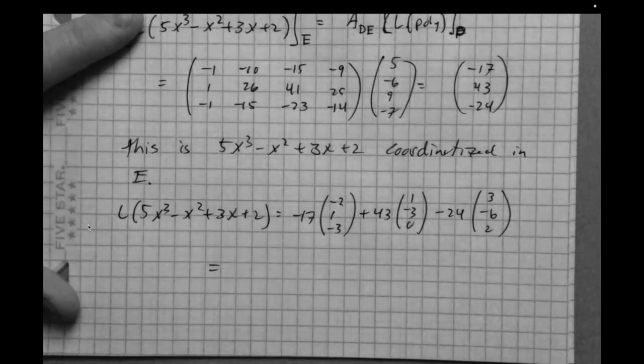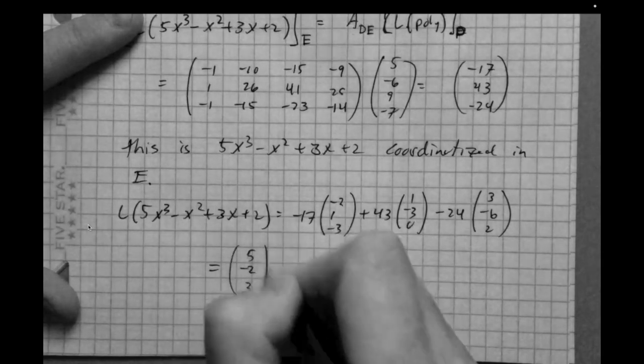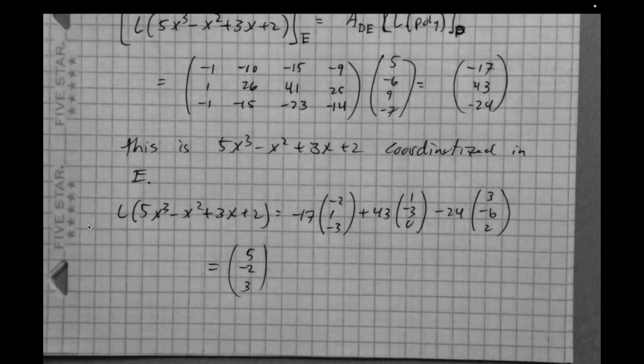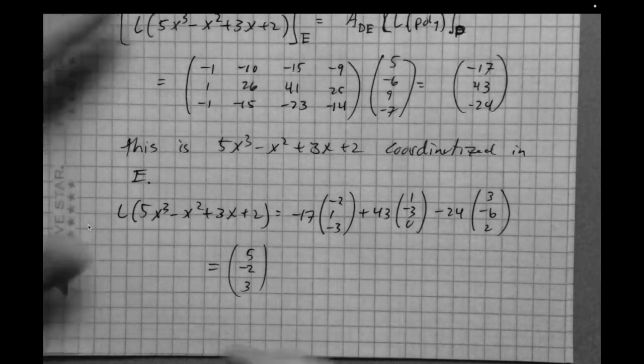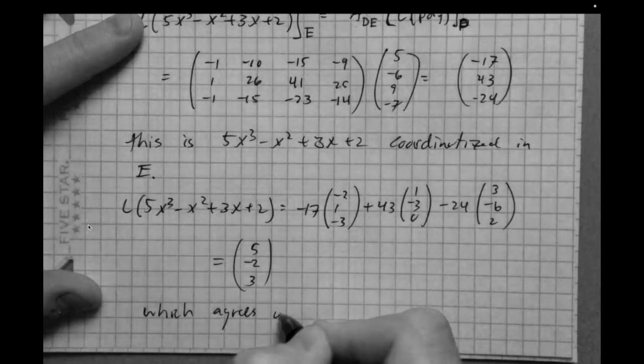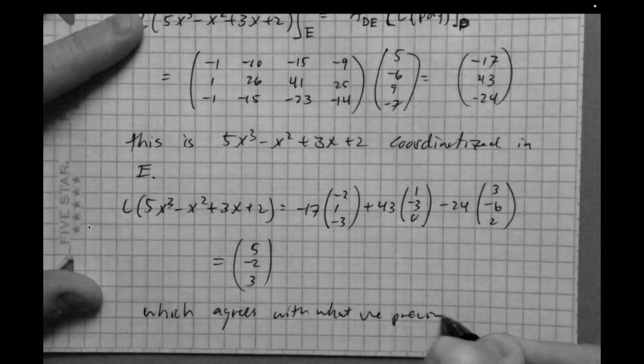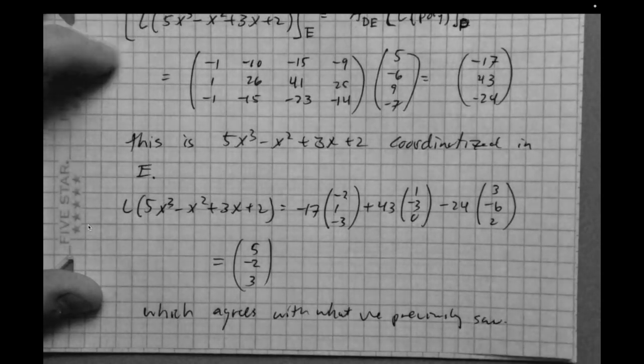Right? Do all that multiplication, and you get (5, -2, 3), as desired. That's what you would expect to get. And of course, this agrees with what we previously saw. Perfect.